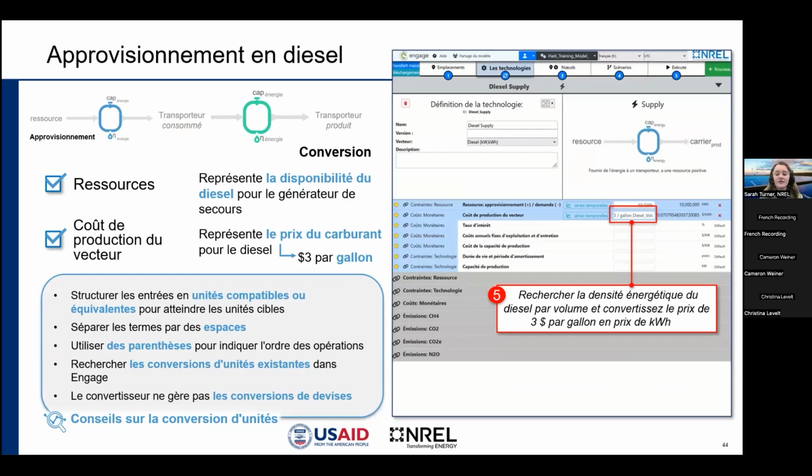Finally, you can search for existing unit conversions pre-populated in Engage, as we demonstrated. But the Engage converter does not handle any type of currency conversions, so those calculations would have to be handled outside of the model.